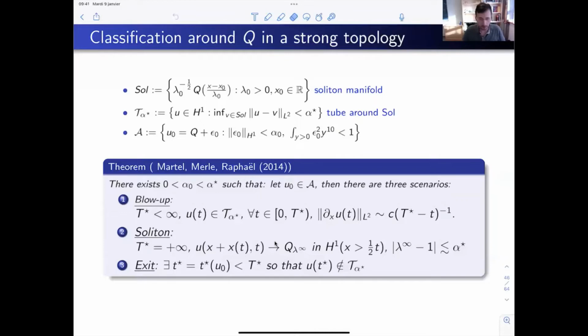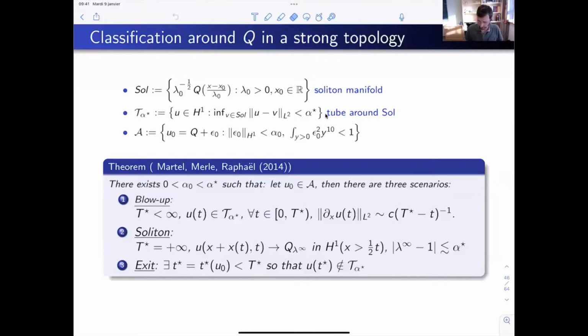Or you have what they call the exit: there exists a time smaller than the maximal time such that you leave the tube around this manifold, and then you don't know what is happening.